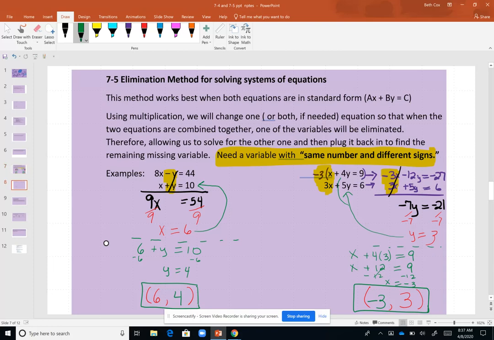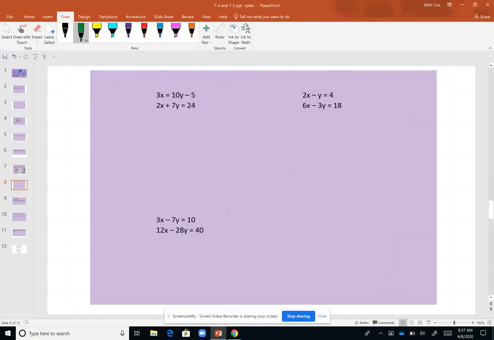Okay, now we'll do a couple more. These are different. They don't look like the others. First of all, pay attention to this next one right here. This one doesn't look right. Notice the equal sign is in the wrong place. I'm going to have to rearrange that. I'm going to take the 10y and subtract it on both sides.